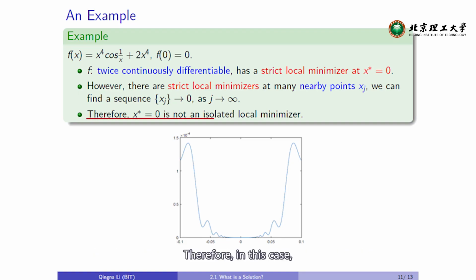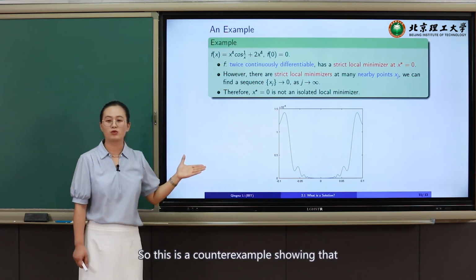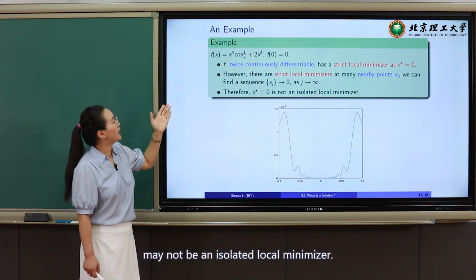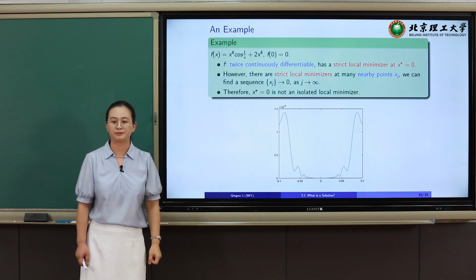Therefore, in this case, x equals 0 is not an isolated local minimizer. So this is a counterexample showing that a strict local minimizer may not be an isolated local minimizer.